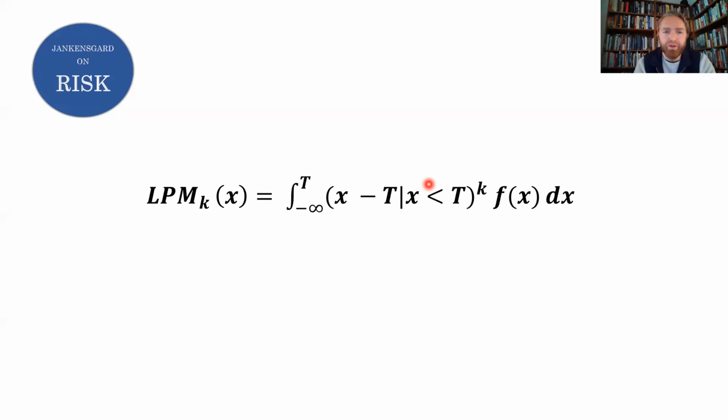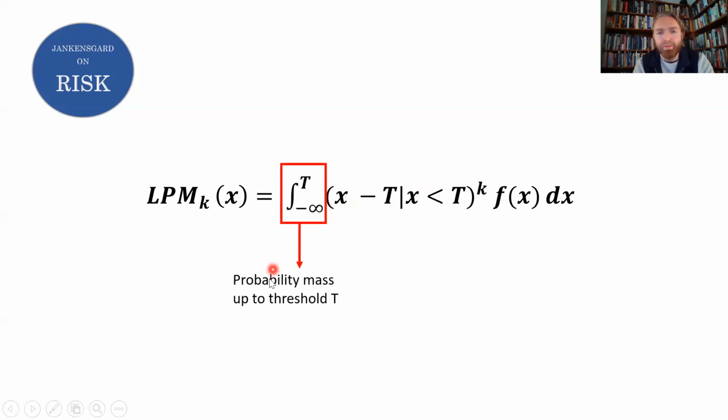So here's the continuous version of this measure, where you're looking at probability mass up to the threshold T. Meaning that it will contribute towards risk in between negative infinity and T, up to the threshold. That is the risky part of the outcome distribution.